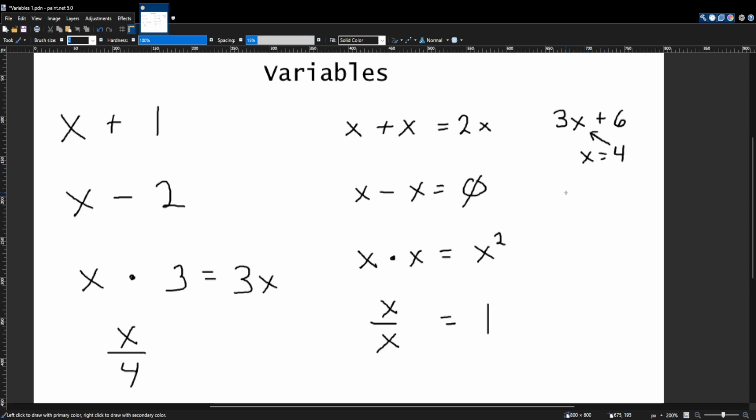So rewrite the expression 3 times 4 plus 6, and then we just evaluate it. Just perform the operations. 3 times 4 is 12, plus 6 is 18. And so the expression 3x plus 6 for x is equal to 4 evaluates to 18.